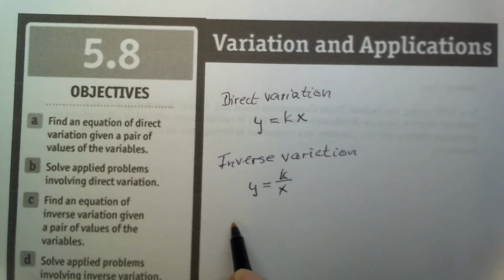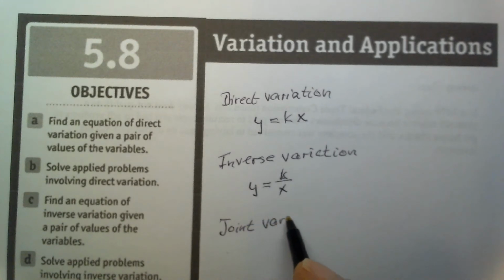And then there's joint variation, in other words, where y depends on more than one variable. Y equals k times x times z, again where k is the constant of variation. And then the others, these variations can be combined. Again, we're going to go into more detail on that later on.